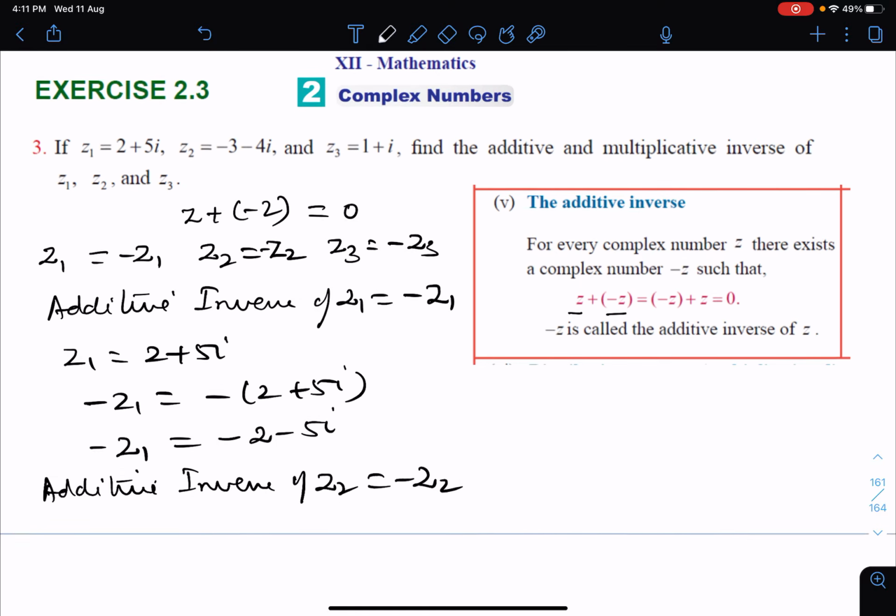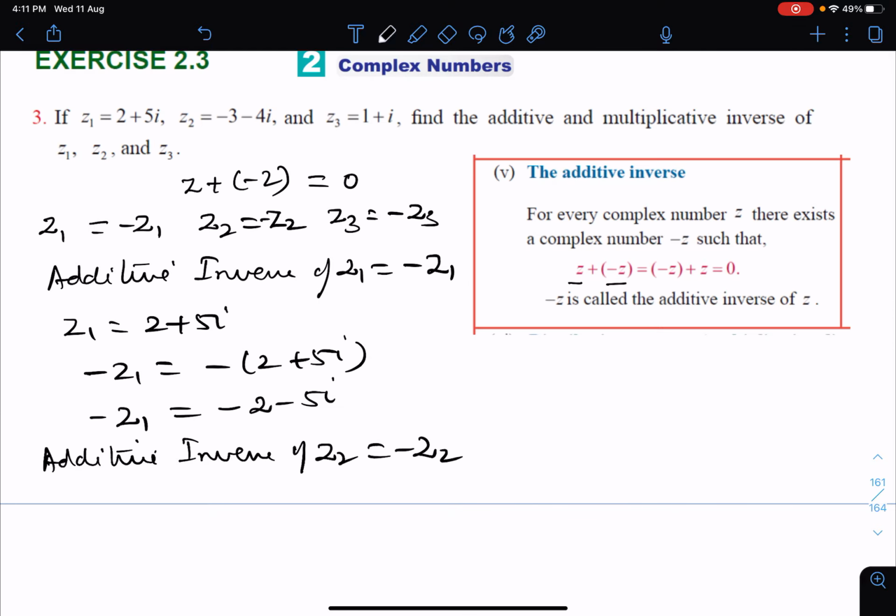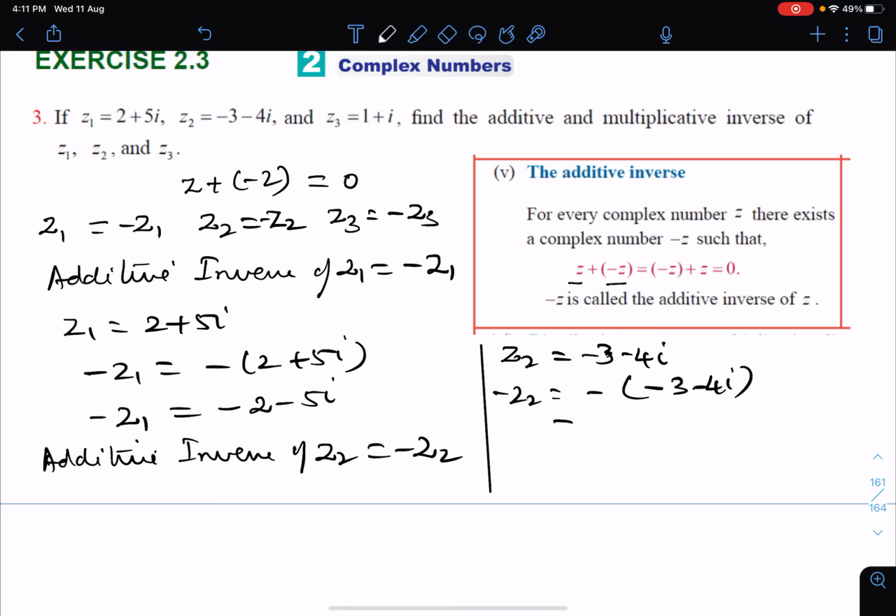What is our Z2? 3 minus 4i. I will do it here. Z2 equal to minus 3 minus 4i. So minus Z2 equal to minus of minus 3 minus 4i. So both the minus, when you multiply by a minus it becomes plus. So 3 plus 4i is the additive inverse of Z2.